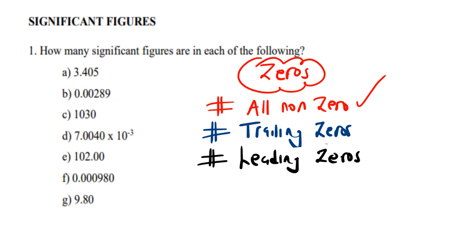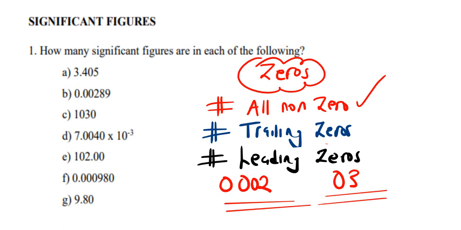Okay, so if I've got, let me say 0002, or just 03, all these numbers, the zeros are not significant. Why aren't they significant? Because they are just acting as placeholders. So leading zeros are not significant. Another example is, even if I put a point anywhere, they'll just act as placeholders. This one will still have one significant figure. This one will still also have one significant figure.